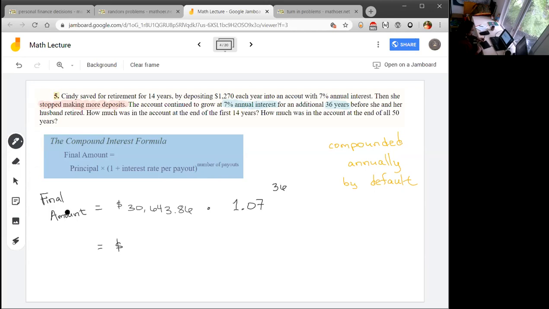Okay, once again, the calculator does all the work. Did I press my buttons right? Everyone get the same answer?